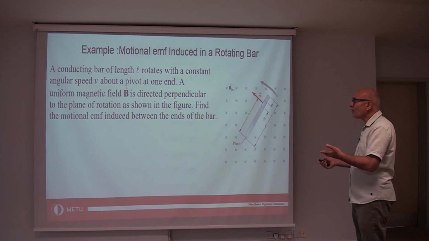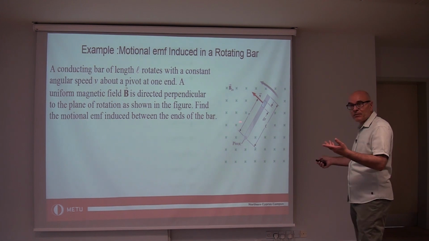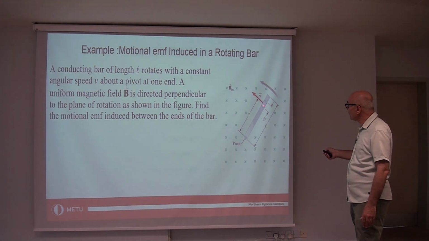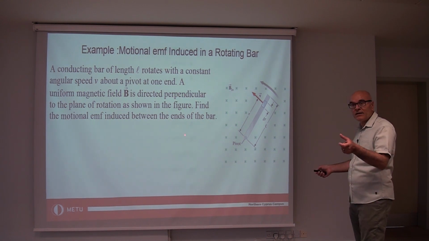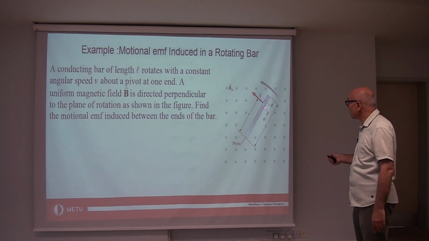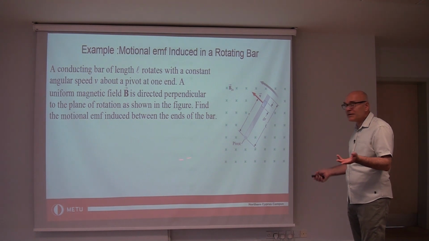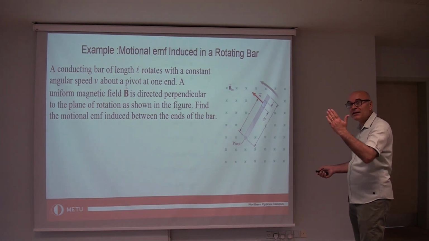You recall that v equals r omega. This is a rigid body, and the speed of any point is its distance from the axis of rotation multiplied by omega. So different points will have different v's. The whole rod does not move with the same v.